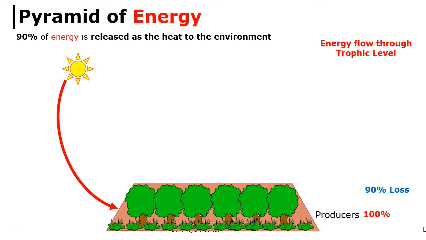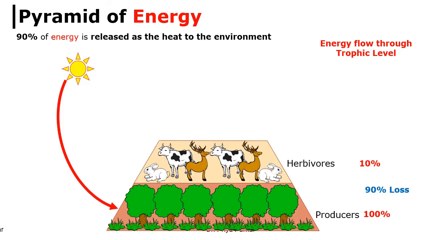Evapotranspiration means green plants take water by their roots from soil and release excess of water in the form of moisture through leaves. Thus, only 10% energy is passed on from trophic level 1 to trophic level 2, that is from producers to the herbivores.